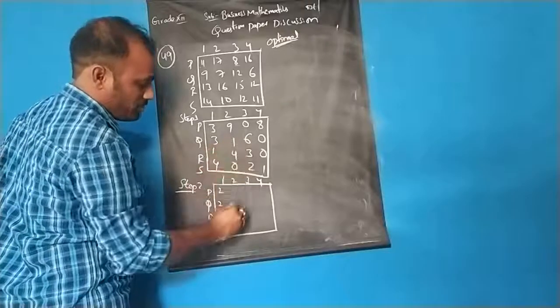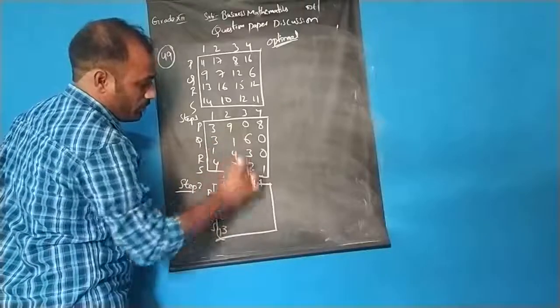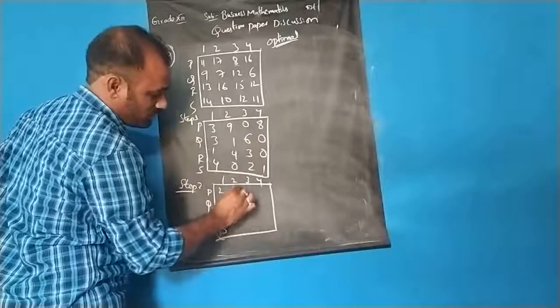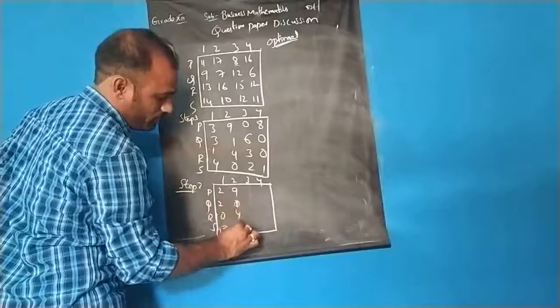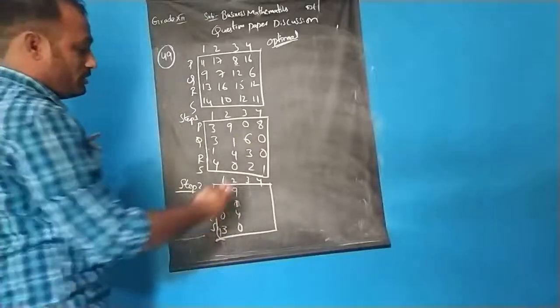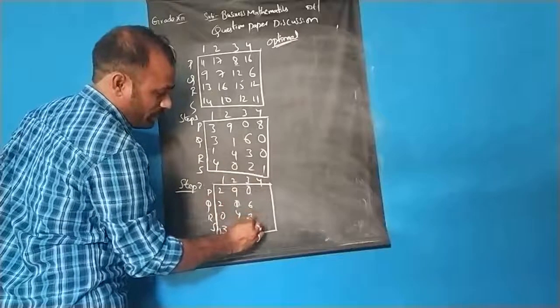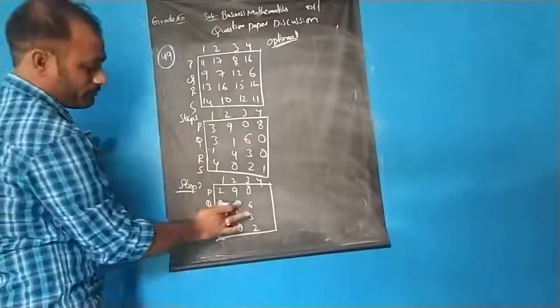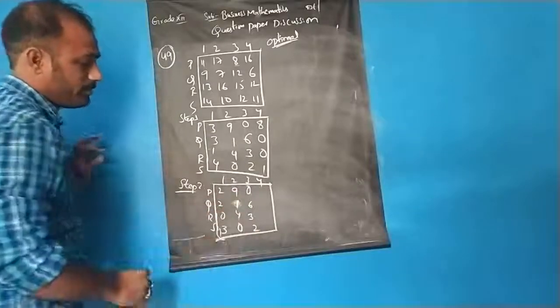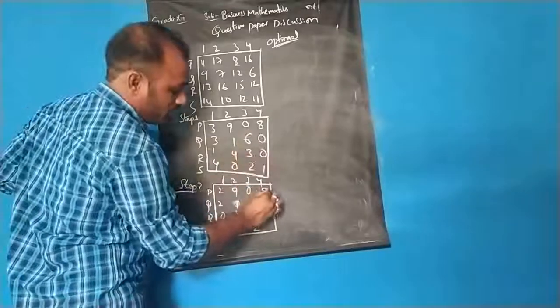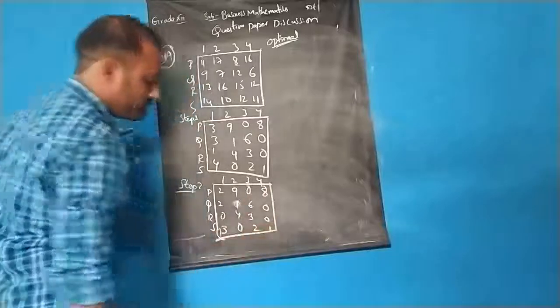And here 1 is the smallest number, so 1 minus 1 is 0. Here 0 is the smallest number, so it will be 9, 1, 4, 0. In this case 0 is the smallest number, so 0, 6, 3, 2. And here 0 is the smallest number, so it stays as it is.